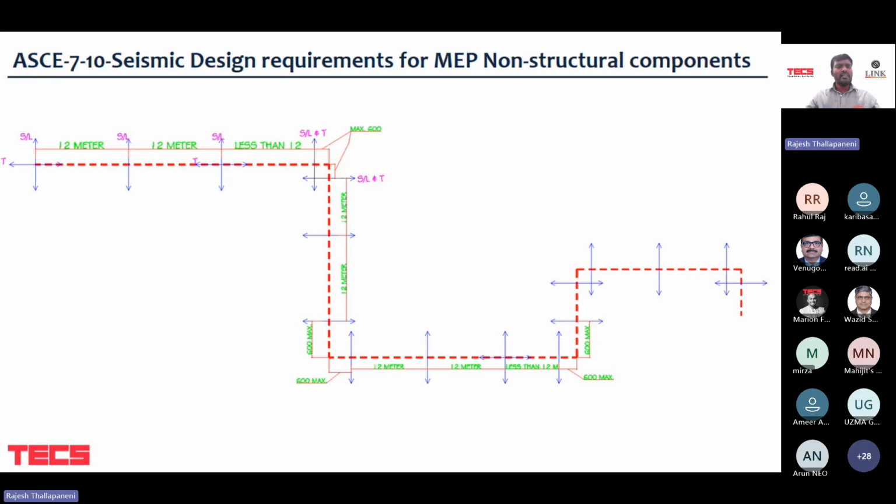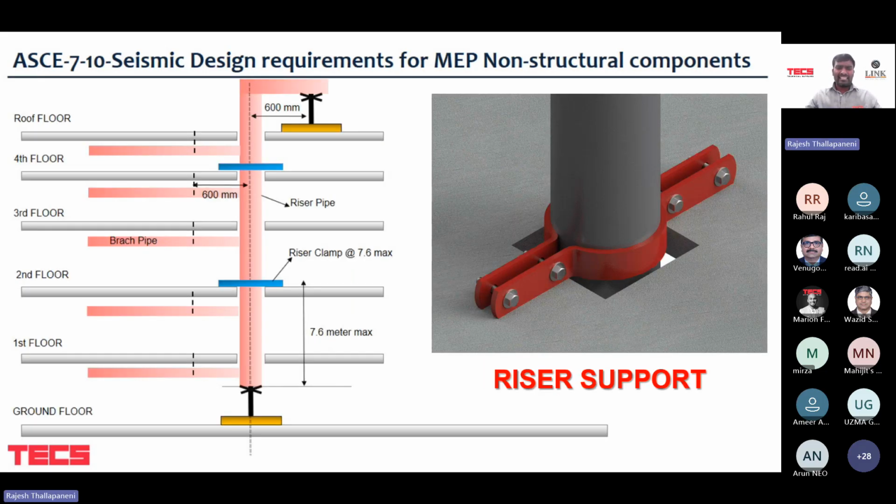And then moving forward to the riser supports. This is also one of the important aspects, because in any building, risers play a key role. So this is the riser clamp, which must be designed to accommodate the pipe's vertical weight, which includes the thrust weight and the pipe weight itself.